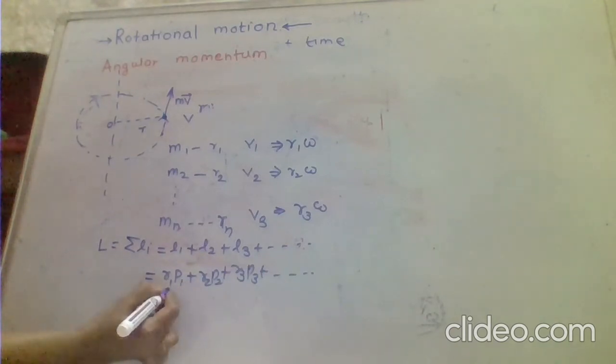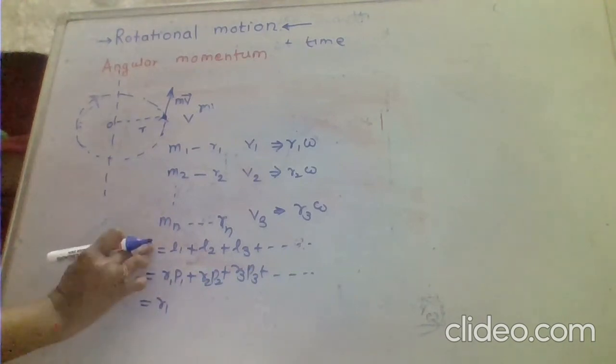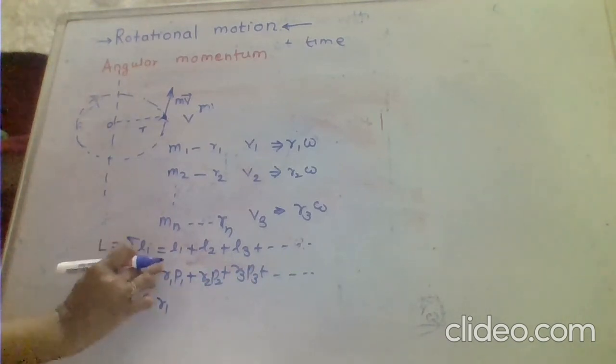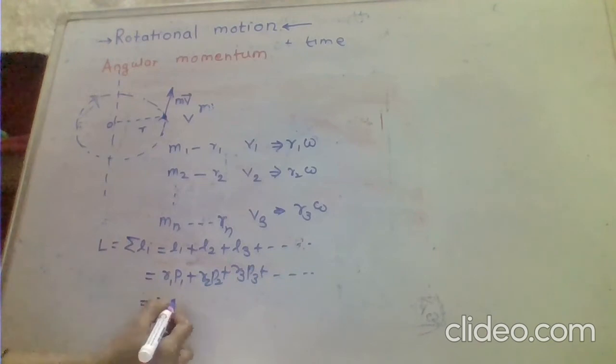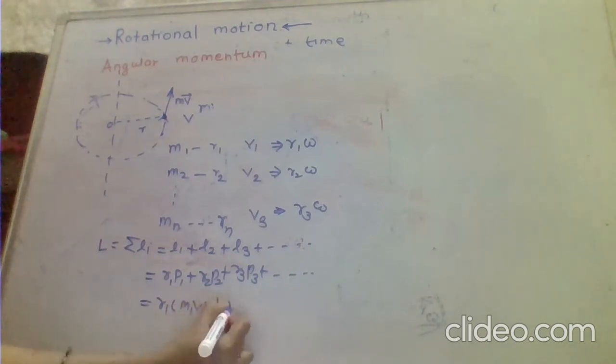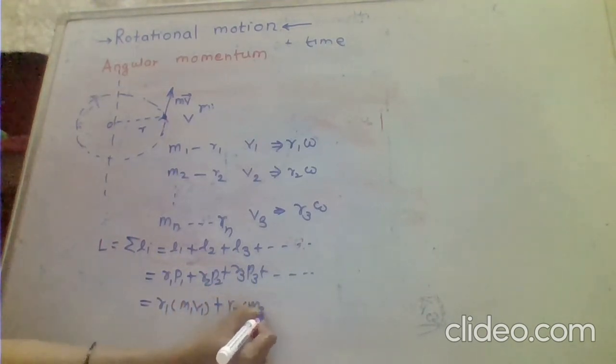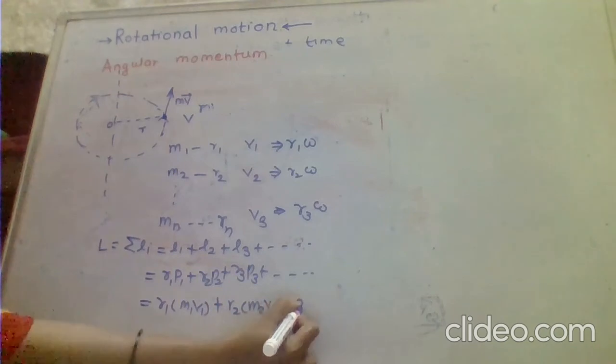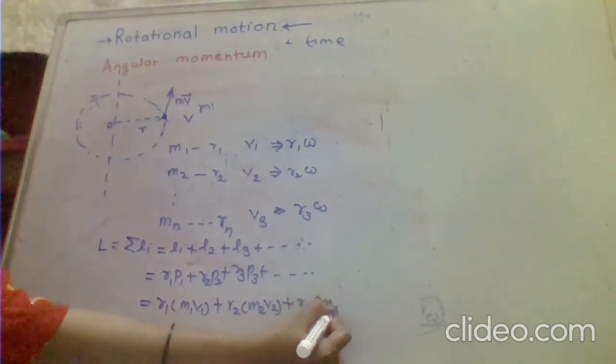R1 P1 is R1 into P1, meaning M1 V1, plus R2 M2 V2 plus R3 M3 V3.